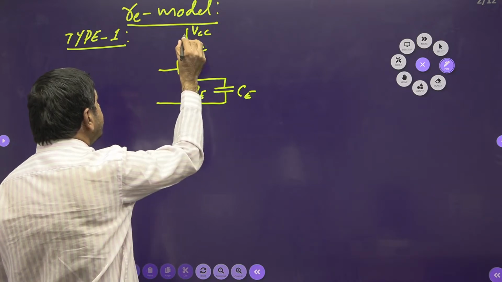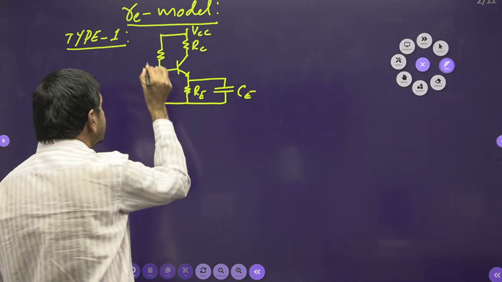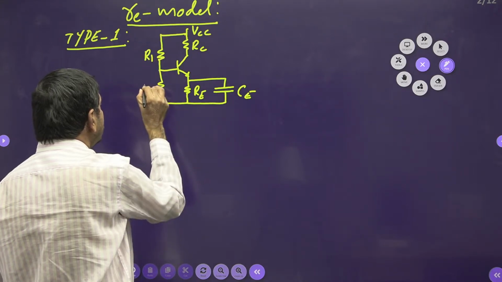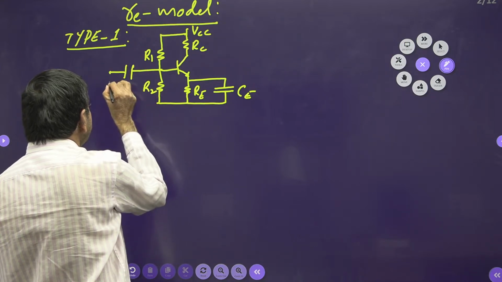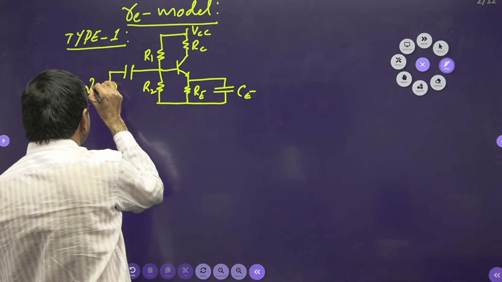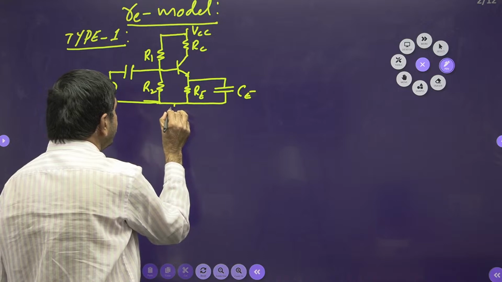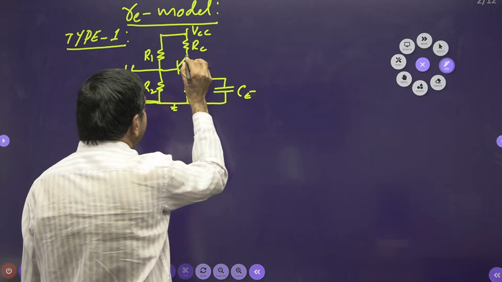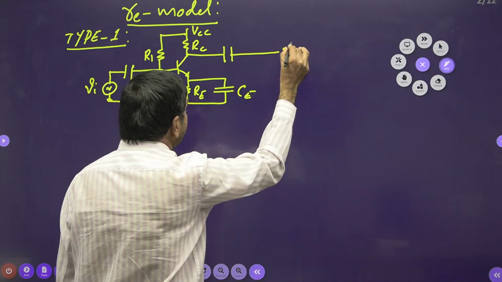This is connected with voltage divider biasing R1 and R2. Here one capacitor is connected with the AC supply, that is VI. You can connect to the ground. Here there is a capacitor and output is taken across these terminals.